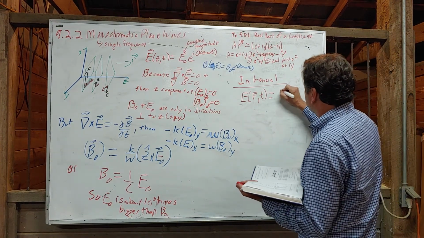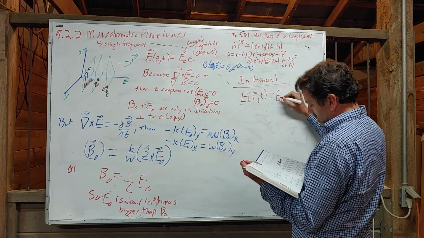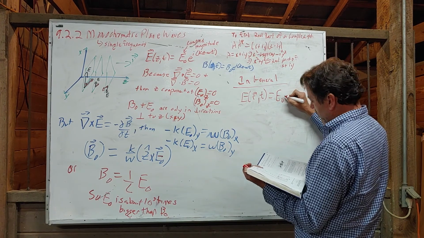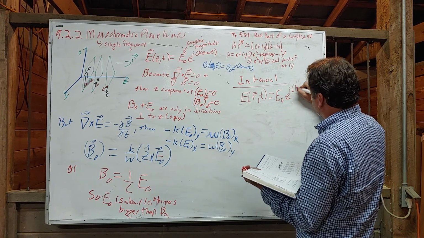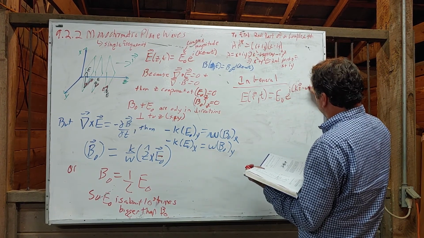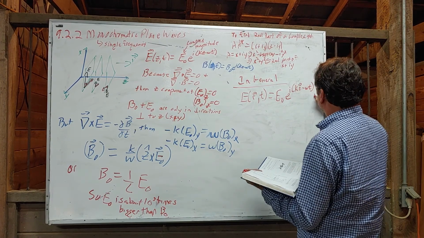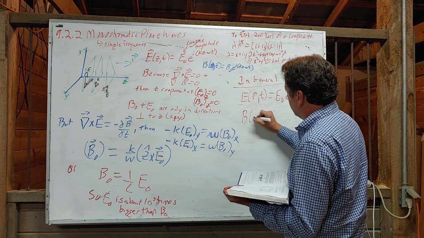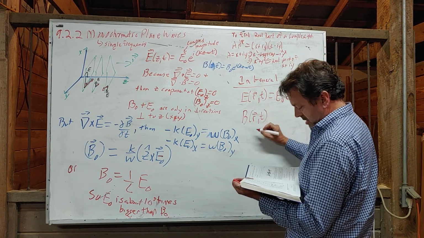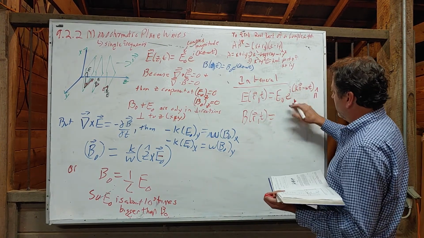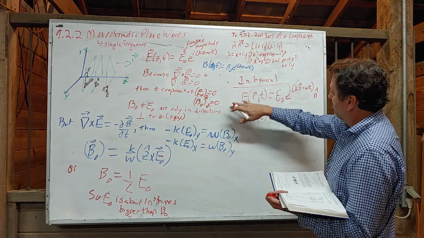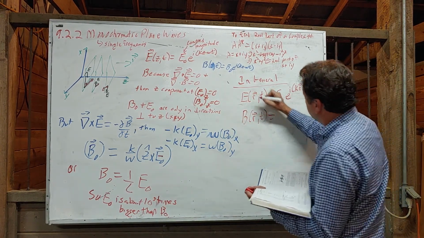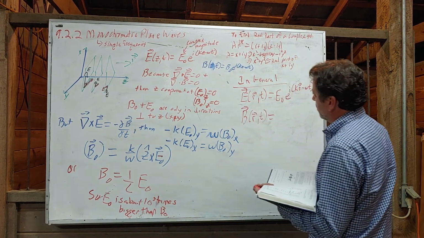And that's just equal to E naught, that complex magnitude, e to the i k r minus omega t, and that's in the n hat direction. And then it'll say B of r and t. And we're writing this with the complex there. Let me write this as just a vector. Better way of saying it.